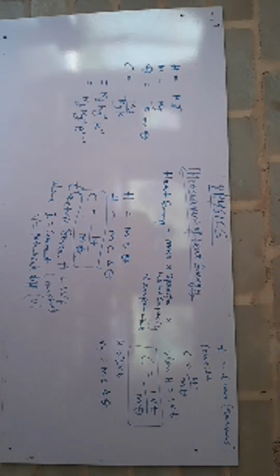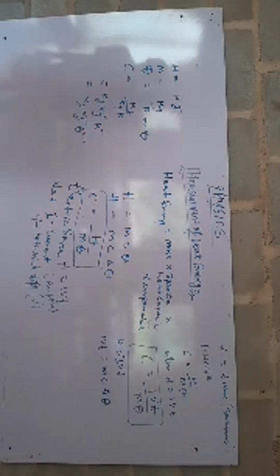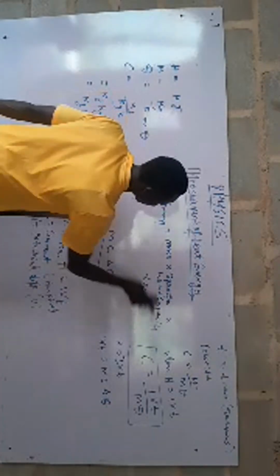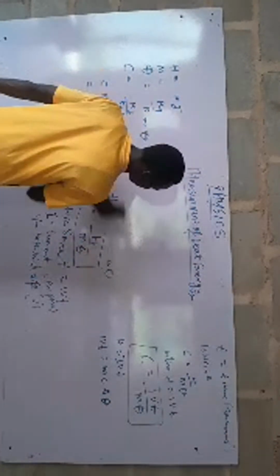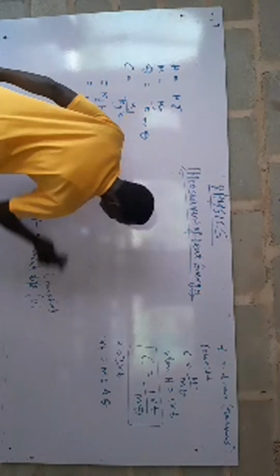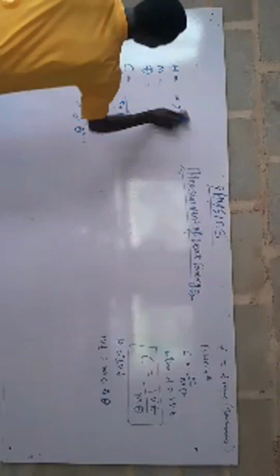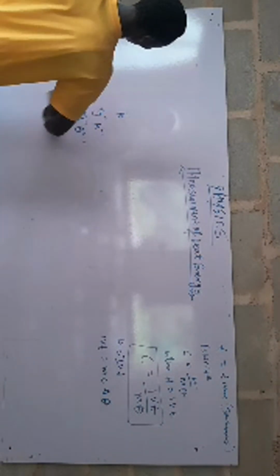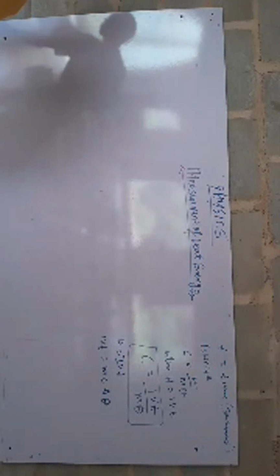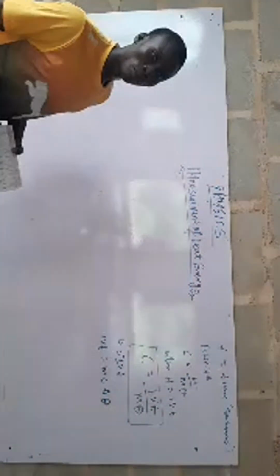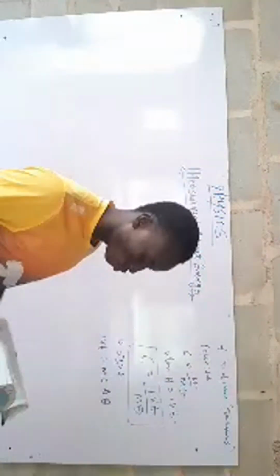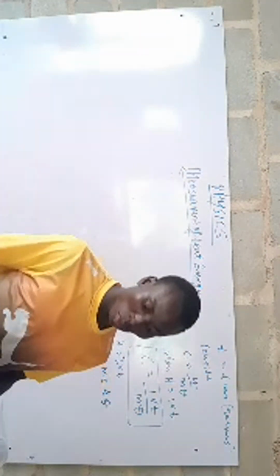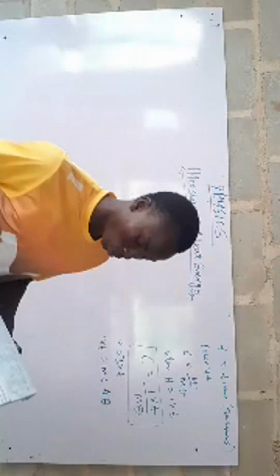Now let's go this way. I'll be taking most of my questions from the past questions in order to navigate through a series of problems you can be asked to solve.